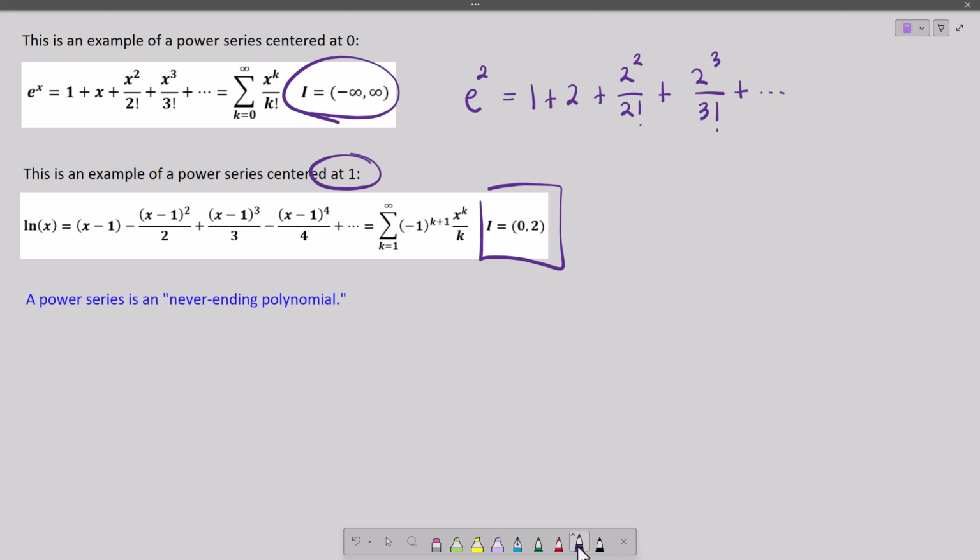You will never have an offset interval. You'll never have the center be at 1 and the convergence be at, say, 0 and 5. It's always going to be an interval of convergence centered at the center. All right, so we will see that.